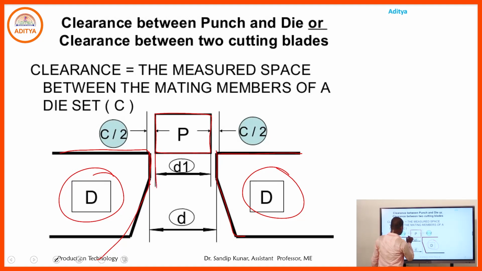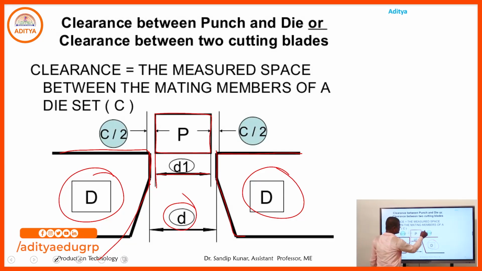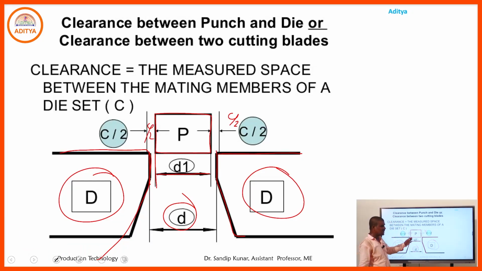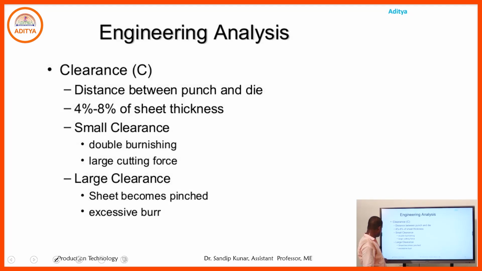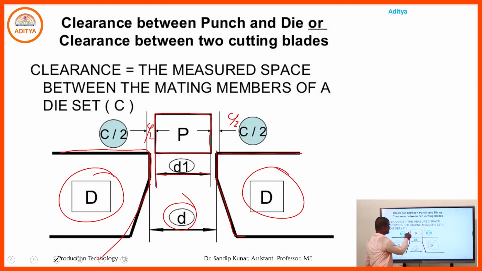If the diameter of the punch is D1 and the distance between the two dies is D, then the total clearance between punch and die, we can write as C by 2 and C by 2. In this way we divide the clearance between punch and die, just dividing by 2 to get the clearance on both sides.